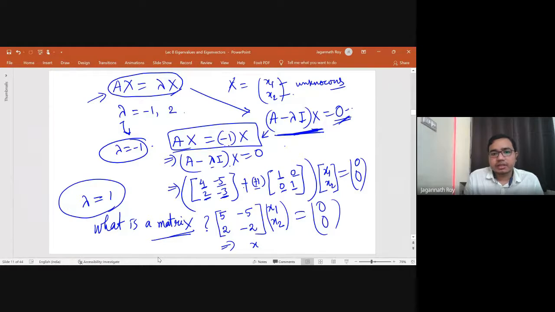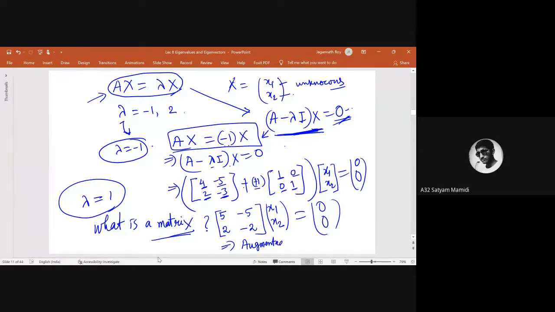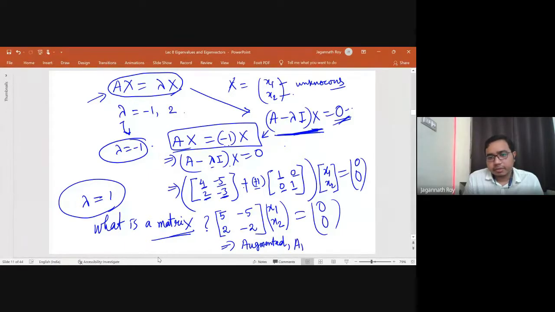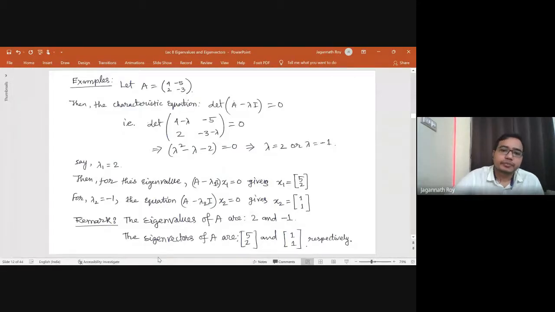So what is the rank of this matrix? Or you can just try to find the augmented matrix AB. It becomes 5 minus 5, 2 minus 2, 0, 0.